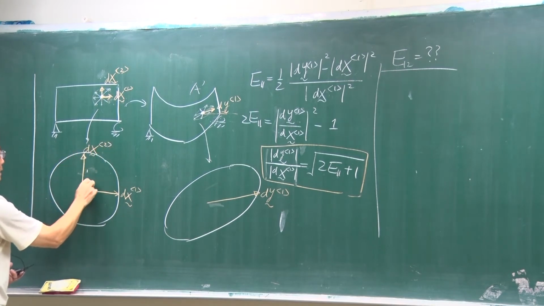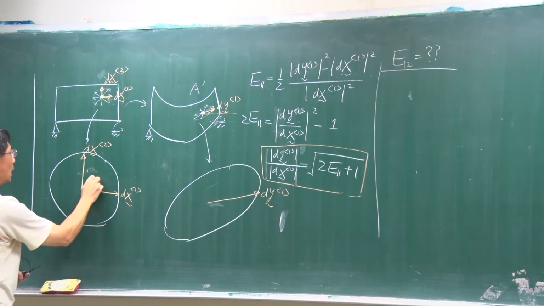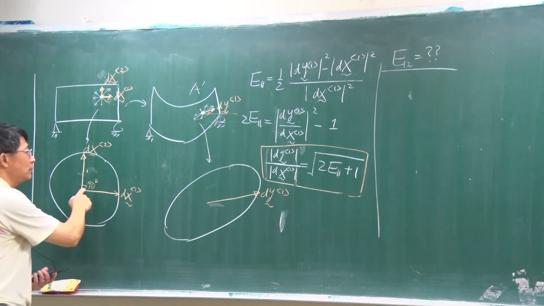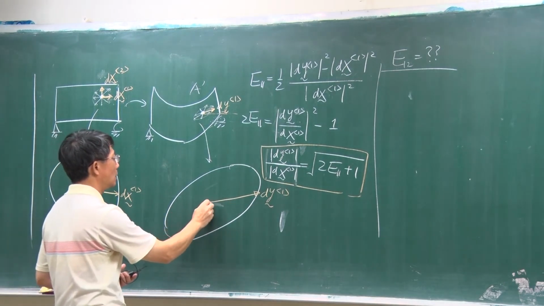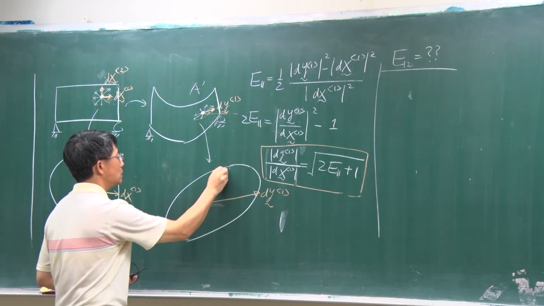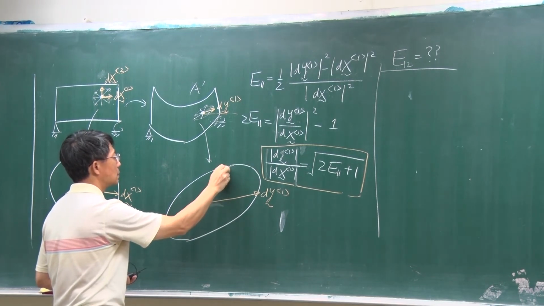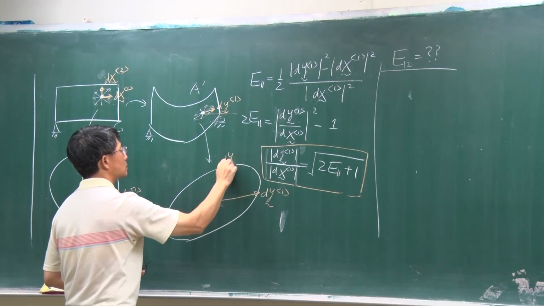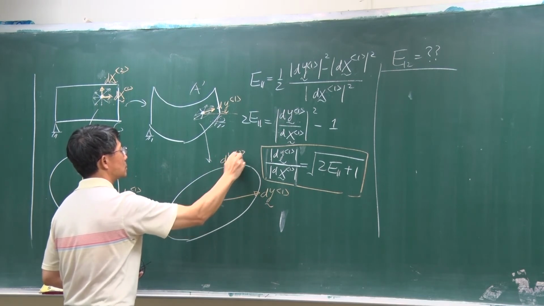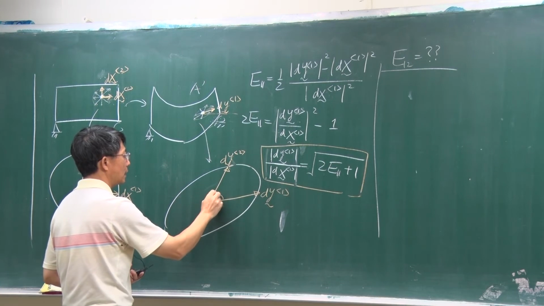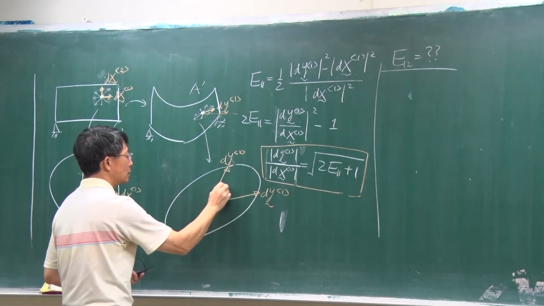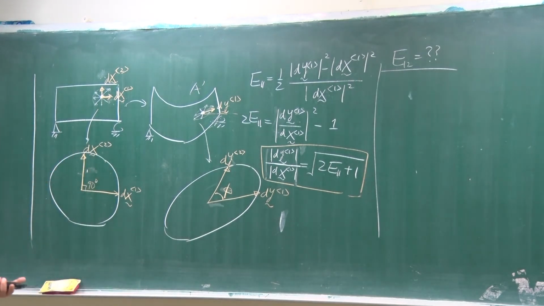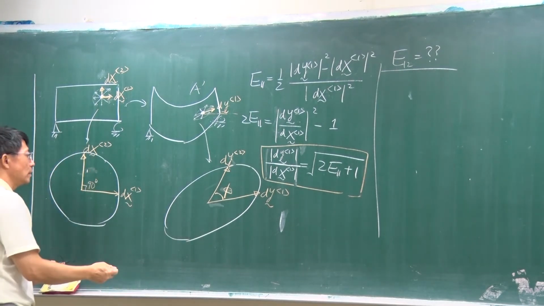We have a 90-degree difference between these two material lines, and it will also be deformed into another material direction. And we have an angle phi here.